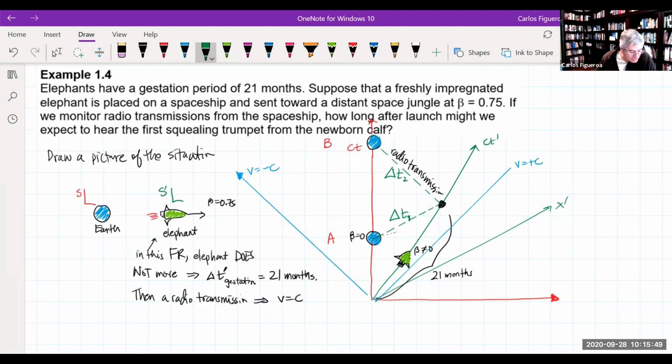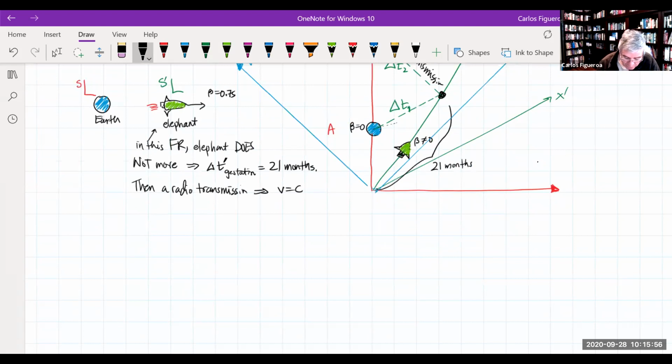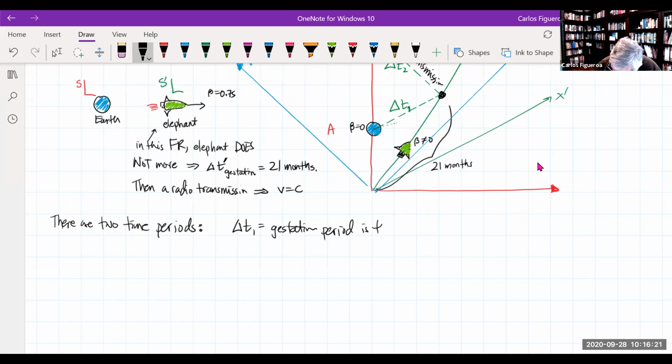So if I write this whole time down, what do I mean by that? Well, I mean this here. There are two time periods. There's delta T1, which is the gestation period in the S frame.